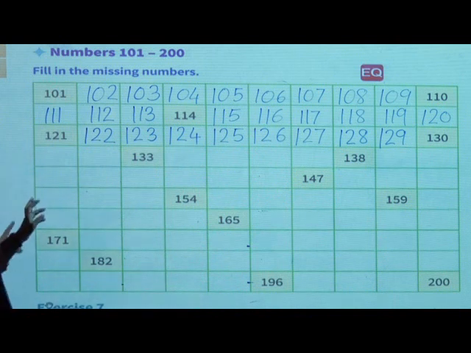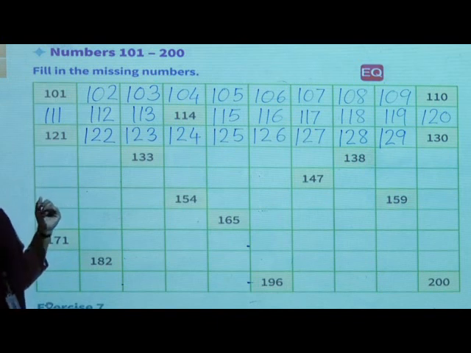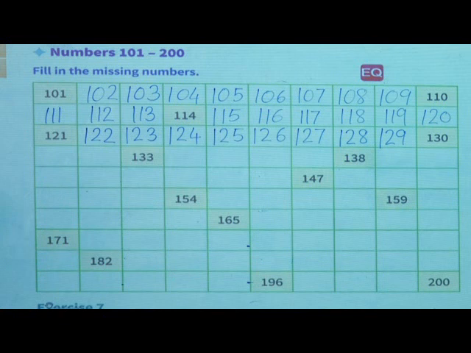Now children, tell me 130. After 130 what will come? 135 will come. 135? No. Then 138? No. Then what will come?